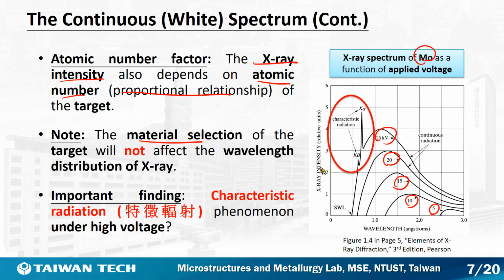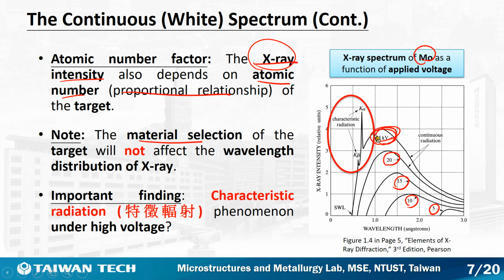But of course, the intensity will be different, as you can see here. And here we notice a very important finding. That is the peak here. It occurs at this 25 kV, but it has not been shown for voltages below this critical value.